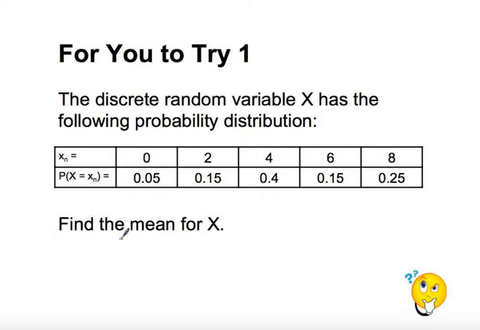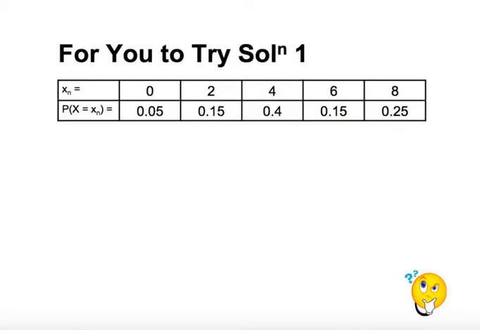Okay then, so let's have a look at the solution. The mean, remember, is our expectation. This is calculated by multiplying each of our values, so 0 times its probability, 0.05. And we just work along one column at a time, summing them up.